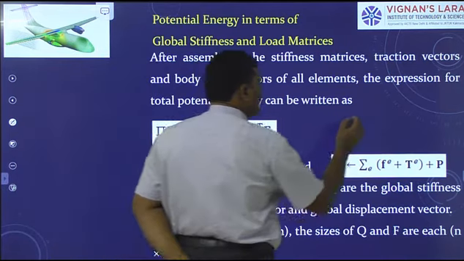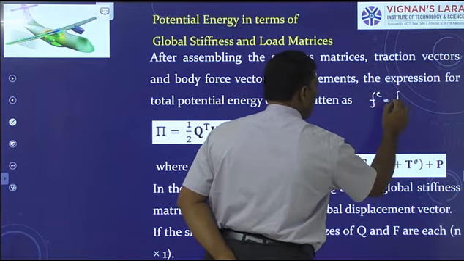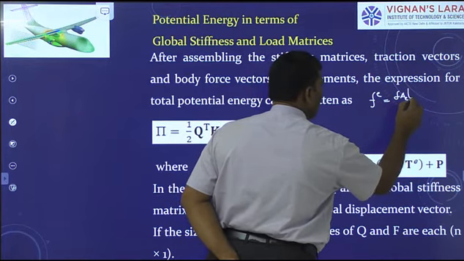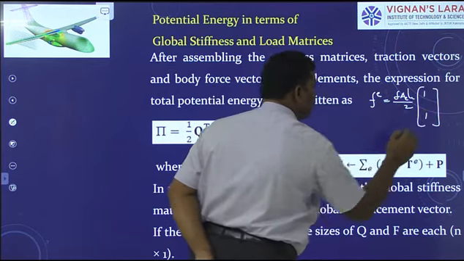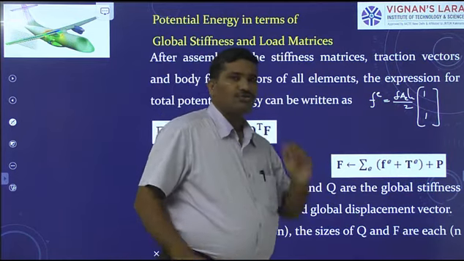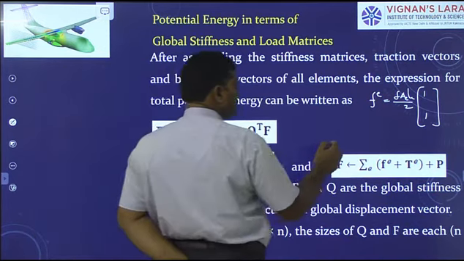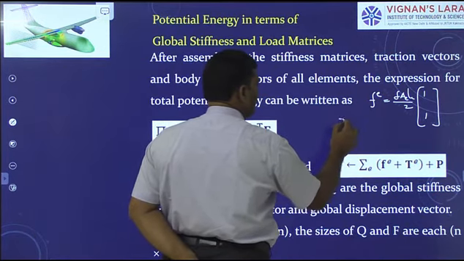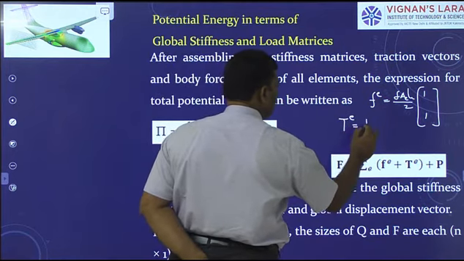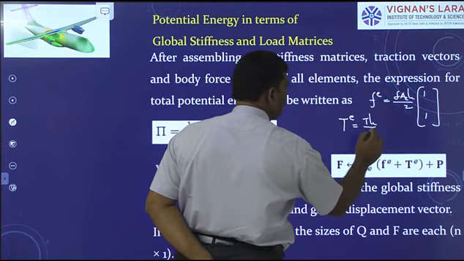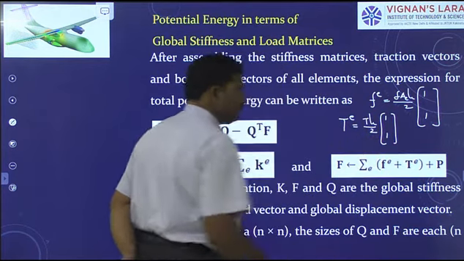We know that the element body force vector Fe equals f Ae Le by 2 into a column matrix having the elements 1 and 1. This is the expression to determine the element body force vector. Next, the element traction vector equals T Le by 2 into a column matrix having the elements 1 and 1.